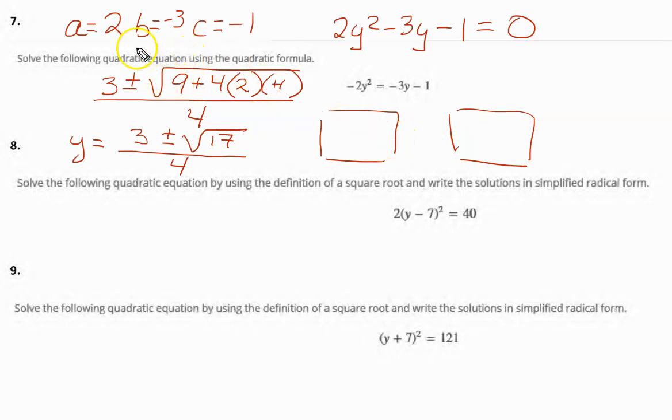Now, why I'm saying to have A positive: you don't end up with a negative in the denominator. Mathematicians don't like negatives in the denominator. So keeping it positive, it comes out the same. It's just a little tricky the other way. All right.